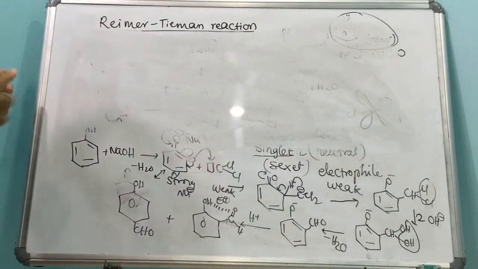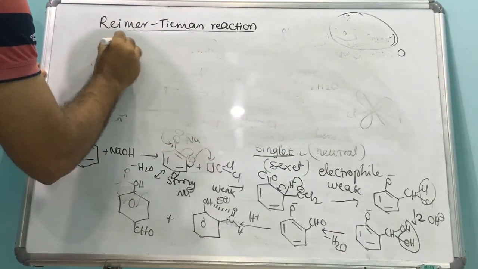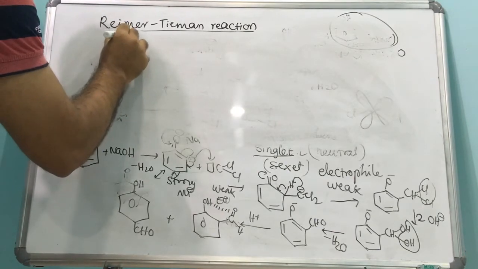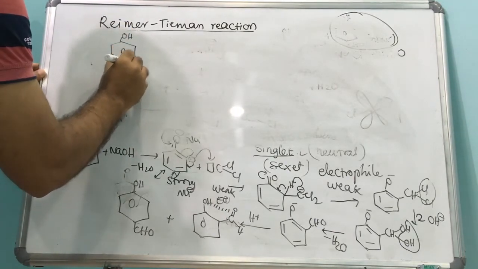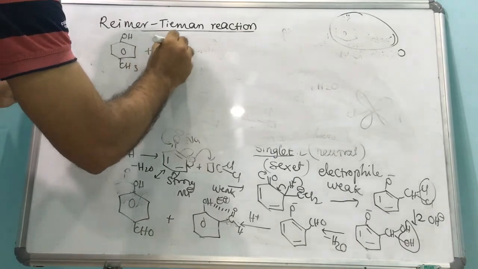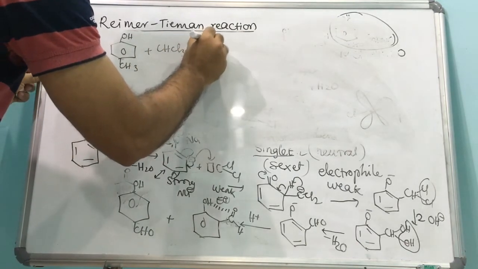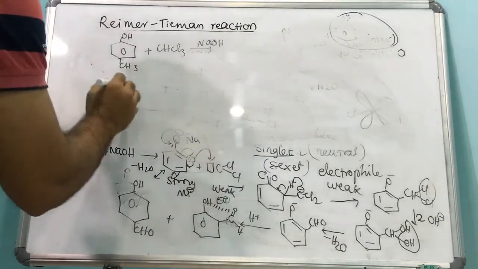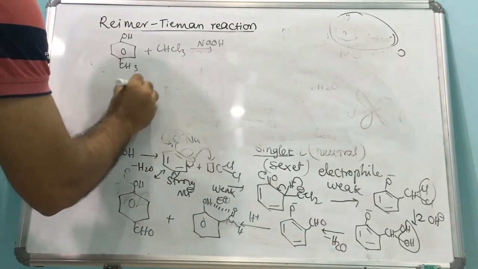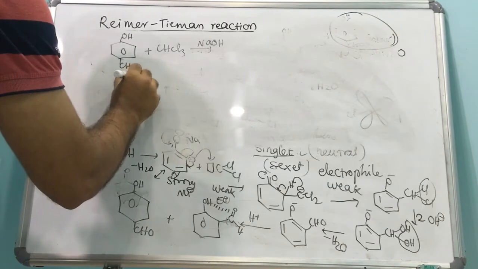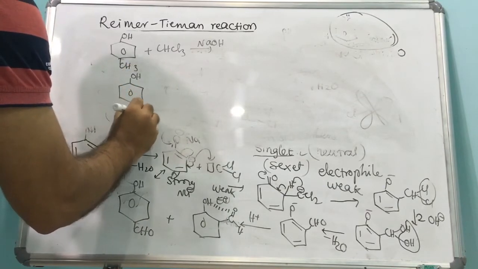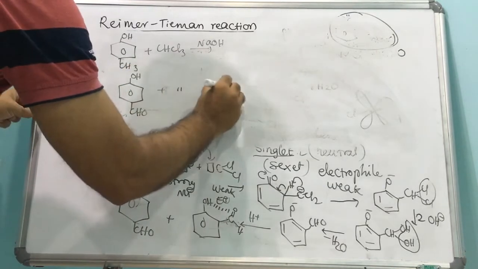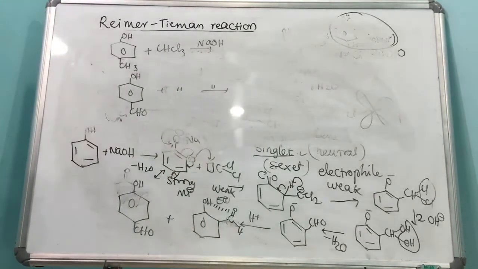Now the question is: OH, here a methyl group, with CHCl3 and NaOH. What is the product formed? You have to write. Next, OH, already I am writing an aldehyde group here, same reactant. What is the product formed? You have to write.